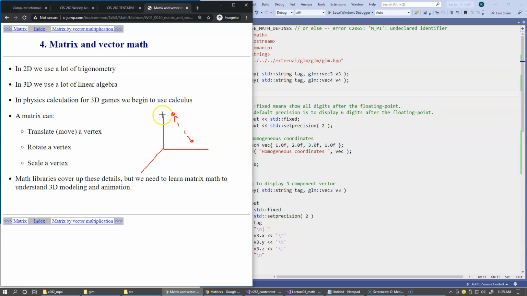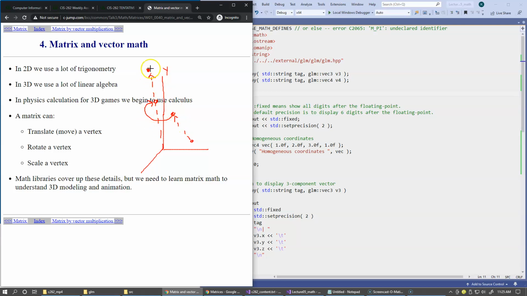For instance, we want to rotate it around the y-axis. Then the rotation would proceed like this, so this would be the new position of our vertex. And if we want to scale the vertex, it's basically calculating its distance from the origin of the system of coordinates and moving it in this direction. So this could be the final position of the vertex.